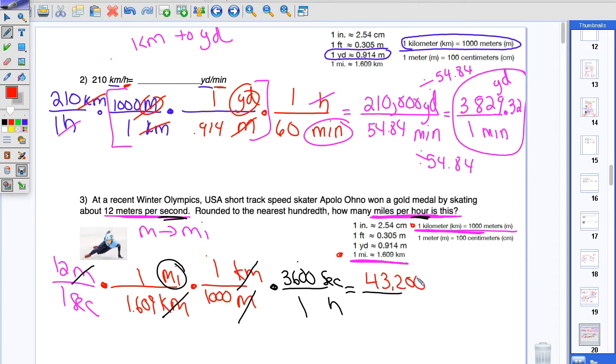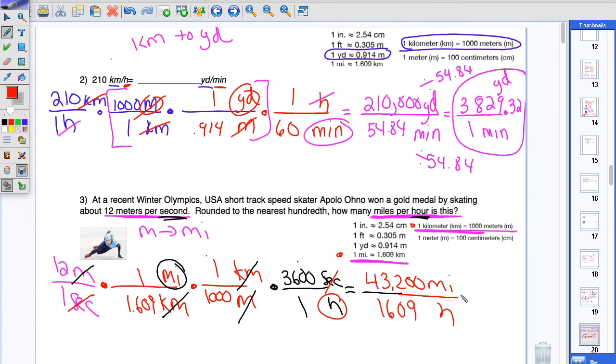And our label would be, cross off those seconds, miles. And then our denominator would be hours, and that would be 1.609 times 1,000 to give you 1,609.